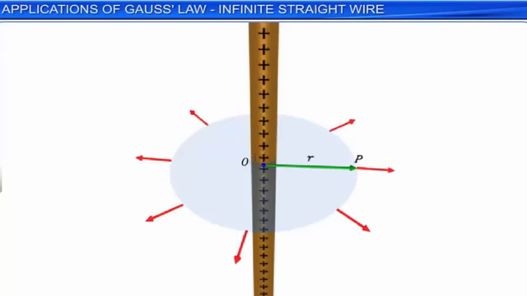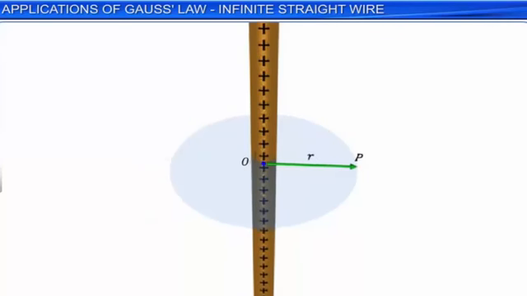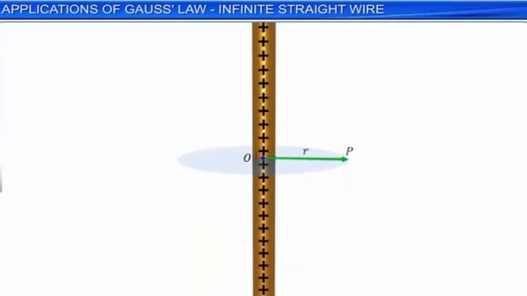The fact that the electric field strength at any point is directed radially outward can be understood by considering two small elements of the wire at equal distances from O on either side of it, as shown. Let the element at the point above O be A, and the element at the point below O be B. Then, the field at P due to the element at A, EA, acts along AP.